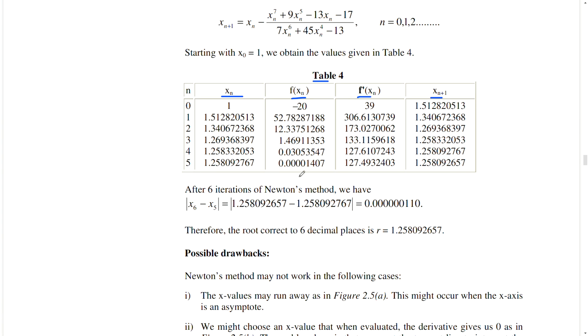After 6 iterations of Newton's method, we have |x6 − x5| = |1.258092657 − 1.258092767| = 0.00000110. Therefore, the root correct to 6 decimal places is r = 1.258092657.